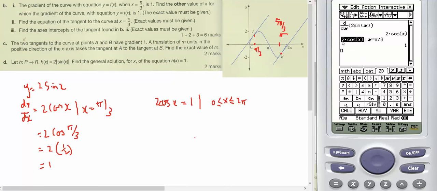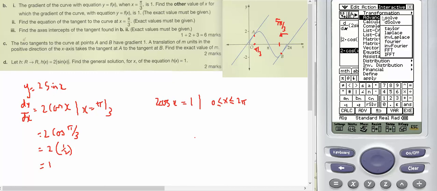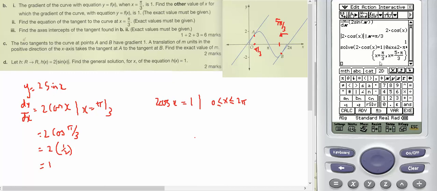So 2 cos of x equal to 1, given x goes from 0 to 2 pi, and I select interactive advanced solve for x, okay, and I get pi on 3, the answer that I knew, and 5 pi on 3, the answer that I predicted. Therefore, the other answer is 5 pi on 3.